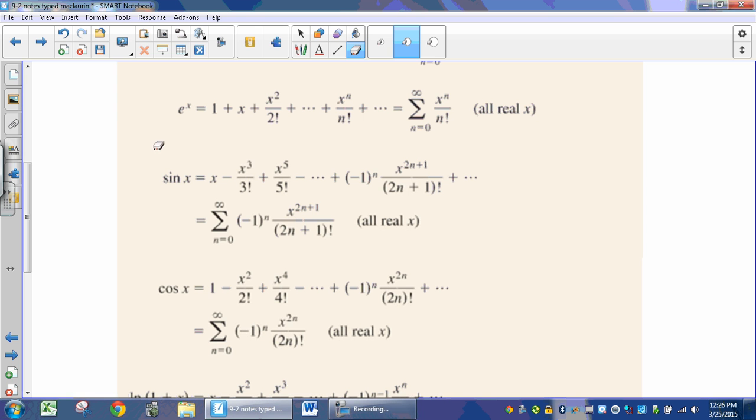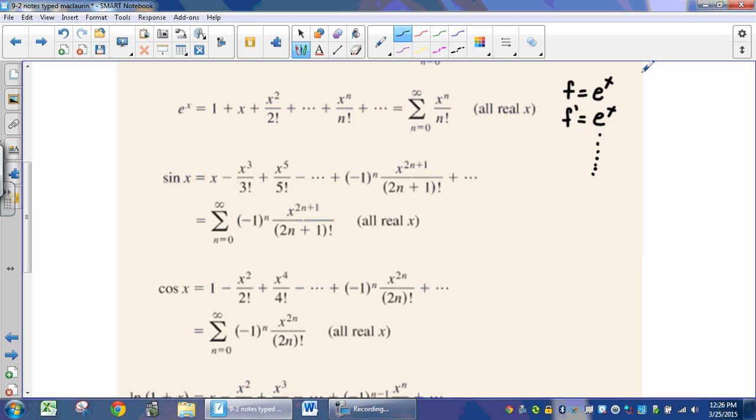Then e to the x. e to the x is a very simple series. With e to the x, what you have is 1 plus x plus 1 over 2 factorial x squared plus x cubed over 3 factorial, x to the fourth over 4 factorial. For e to the x, all of your derivatives are 1. So if you have f of x equals e to the x, then f prime is e to the x all the way down.